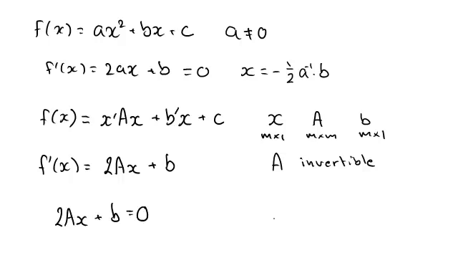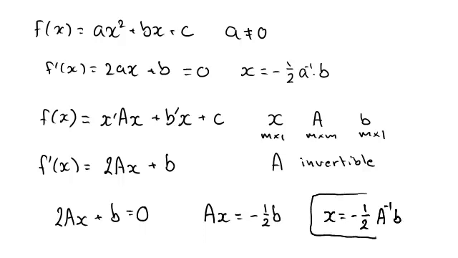Moving b to the other side and dividing by 2, we have the following linear system of equations. Since this is a balanced system and A is invertible, we know that the system has a unique solution, namely x equal to minus 1/2 A inverse times b.